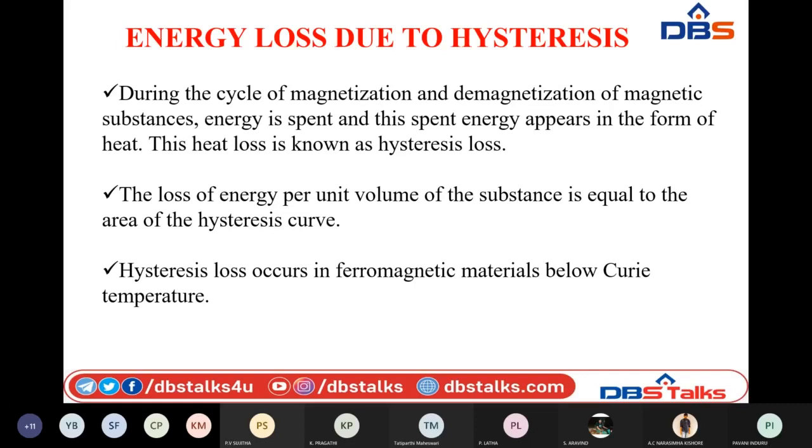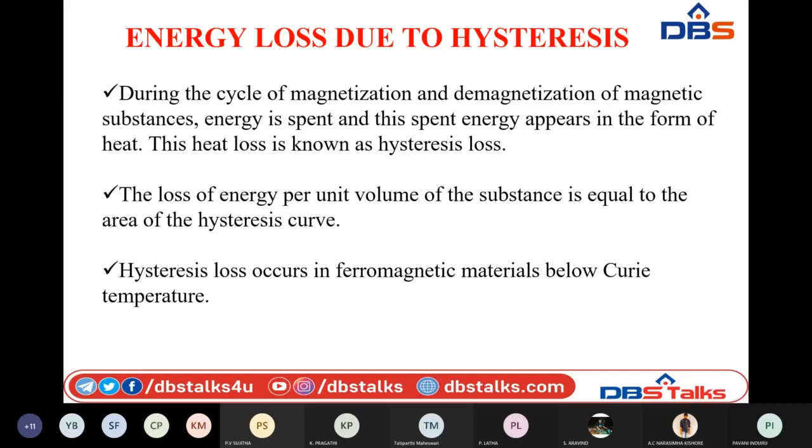This loss of energy per unit volume of the substance is equal to the area of the hysteresis curve, that is, the area of the loop. Based on the area of the loop, we are able to select the quality of magnetic substances, and choose which kinds of materials are useful for the preparation of temporary and permanent magnets.